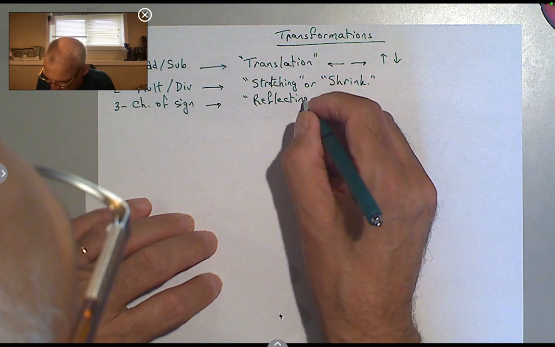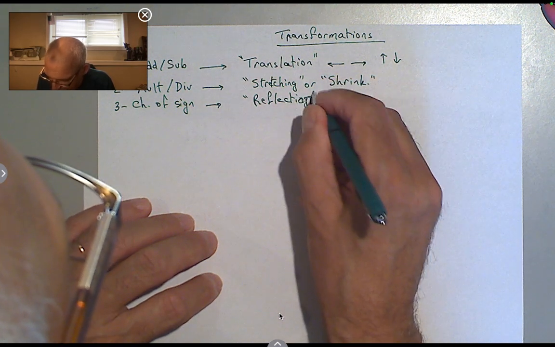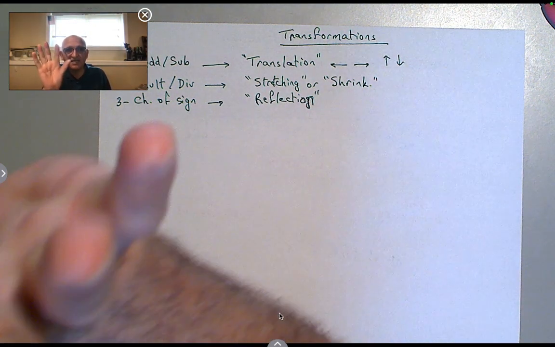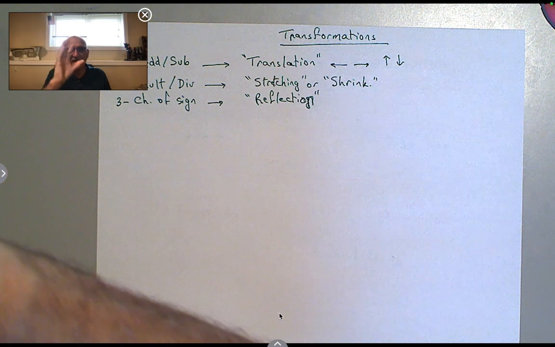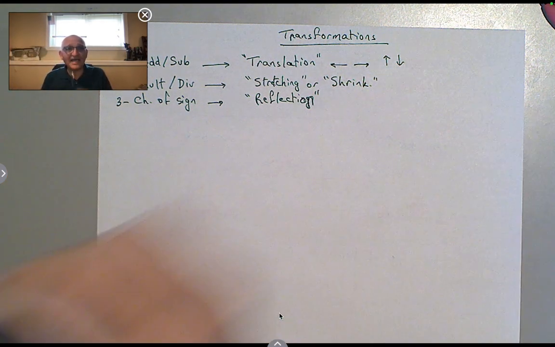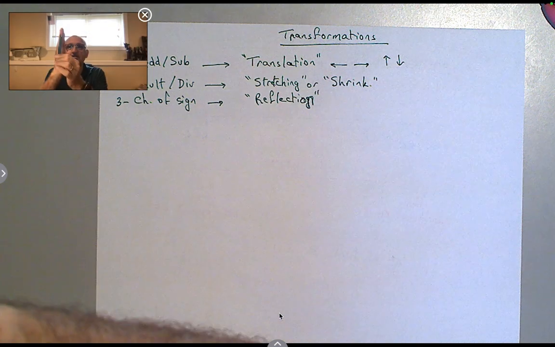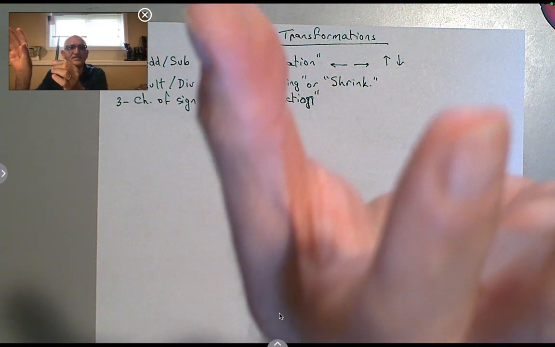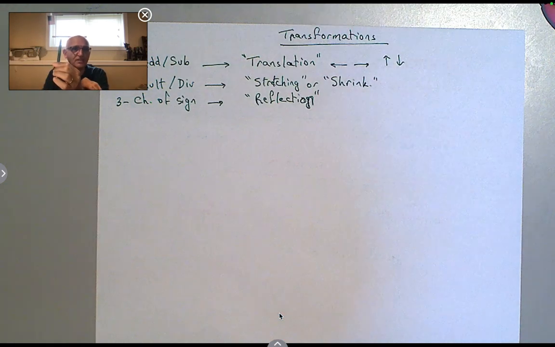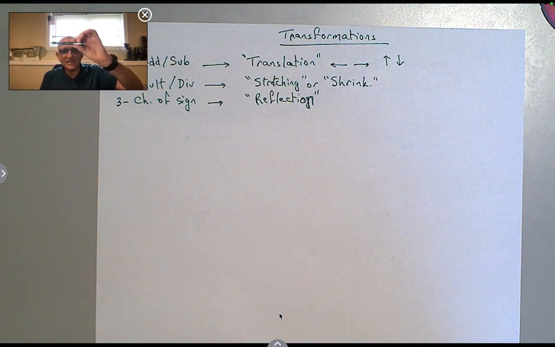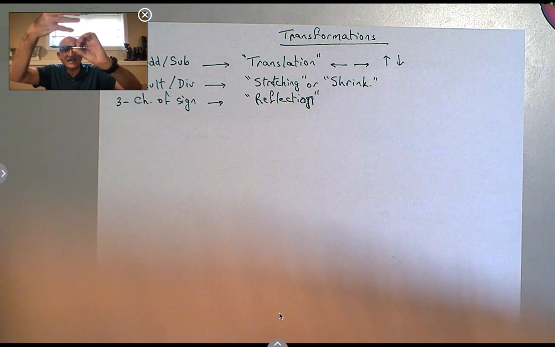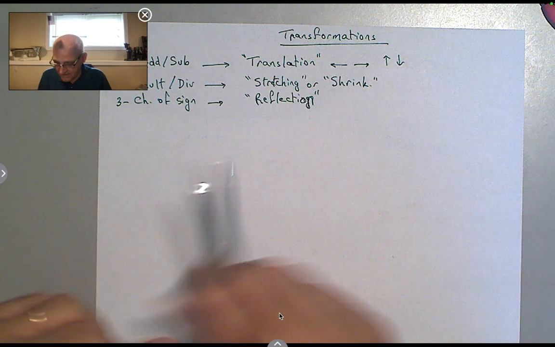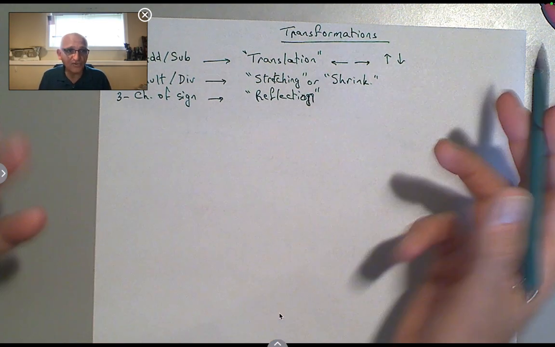Reflection meaning I either take the graph and turn it over the y-axis, assume that there is a mirror on the y-axis and I have a graph here or there. What is its image, so to speak? Or I have a mirror on the x-axis and how the image would be reflected, hence the term reflection over the x or the y.